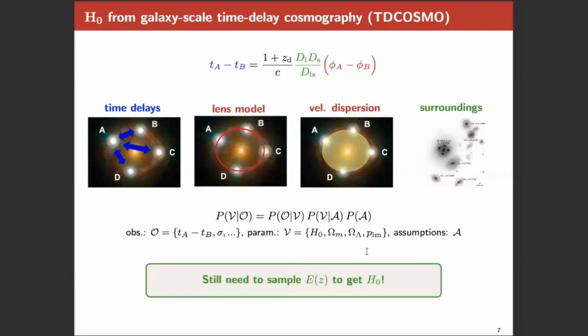And so what's missing here is, how do we get the expansion function in the least model-dependent way and to be able to solve for H0 in the most efficient way as well? Because everything that we have here costs a lot of computing time in order to sample the entire space of all these parameters to get this a posteriori probability distribution.